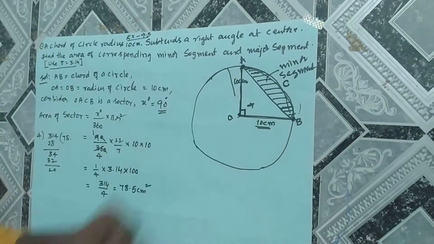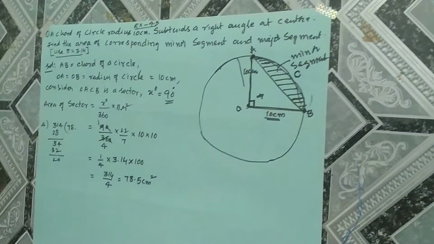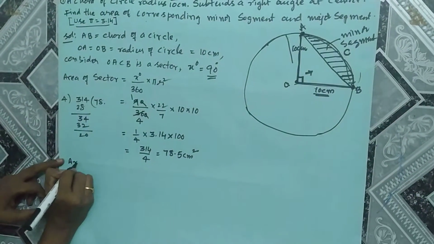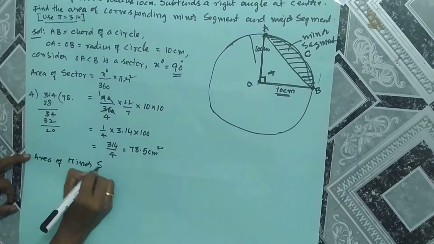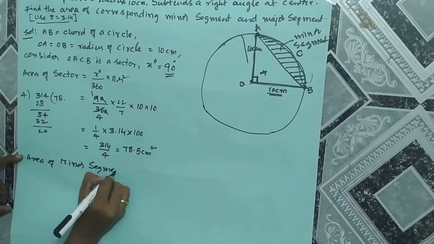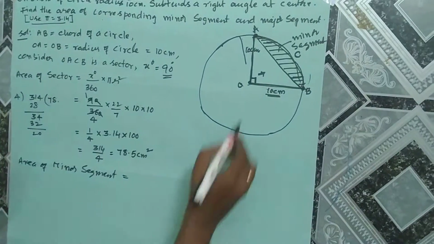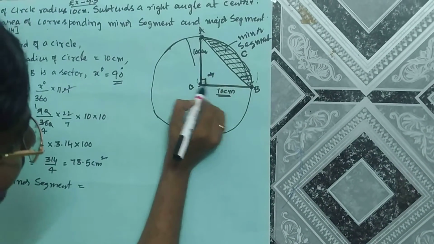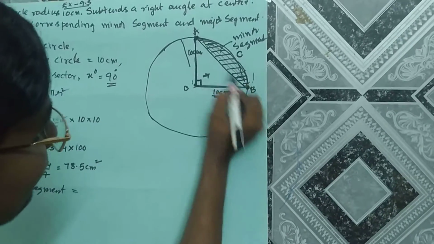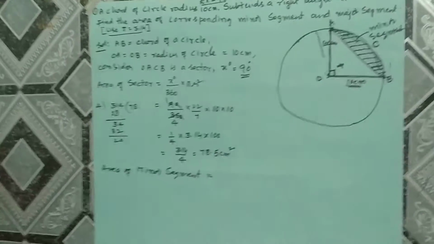Now we have to find the shaded region, that is the minor segment. Area of minor segment equals area of sector OACB minus area of triangle OAB.